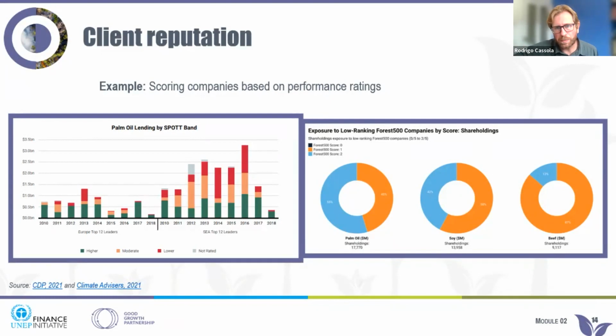So you could start looking at how your clients would be allocated into those different bands of performance using SPOT scores and rankings. And the other picture here, from Climate Advisors, has used Forest 500 data and rankings to classify how finance is allocated to well-performing or low-performing companies. Next, please.